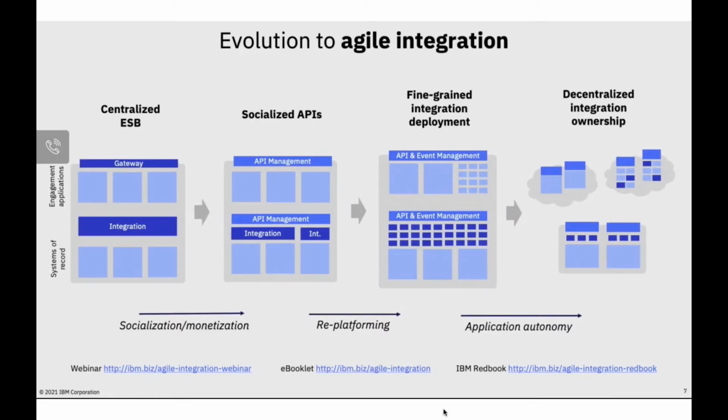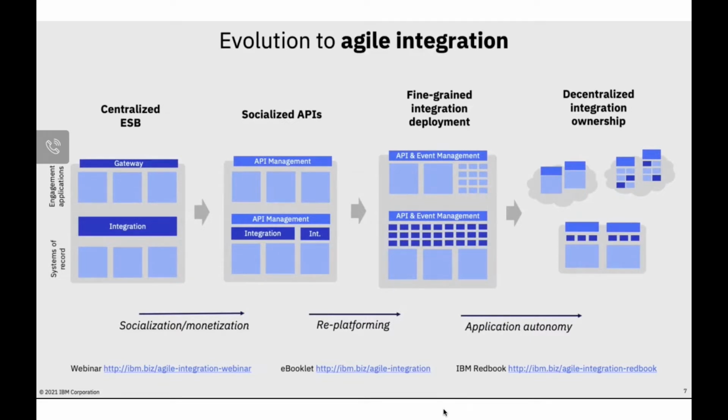And then in the next stage, we see us starting to learn from the concepts of microservices architecture but in the integration space. So breaking up that big silo of integrations into lots of separate discrete integrations or groups of integrations and running them potentially in containers. So we start to see container environments coming in at this point.